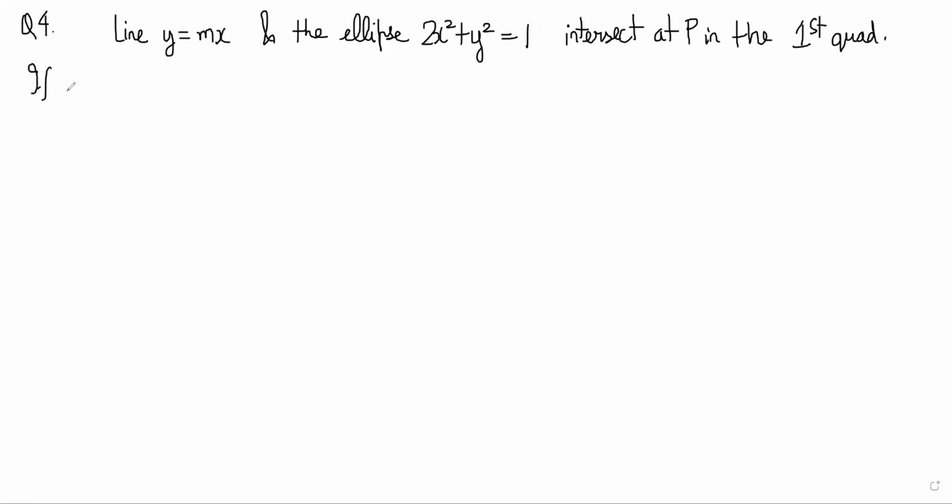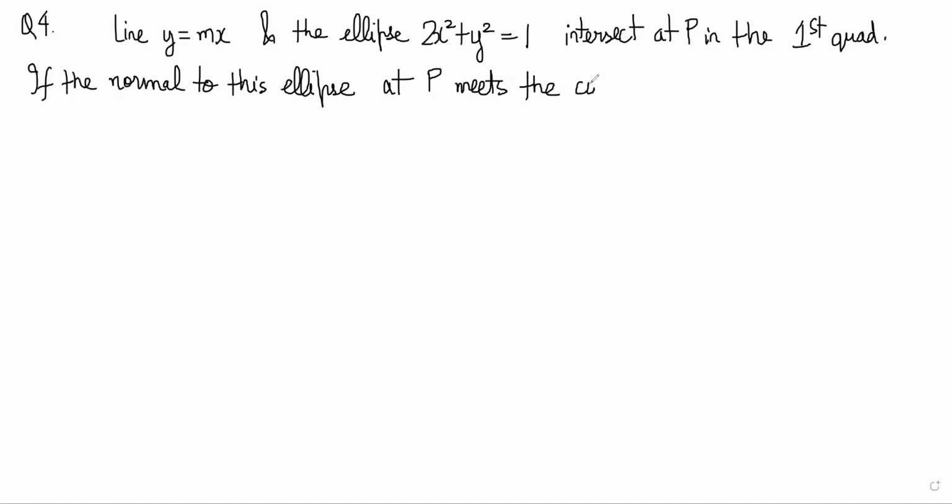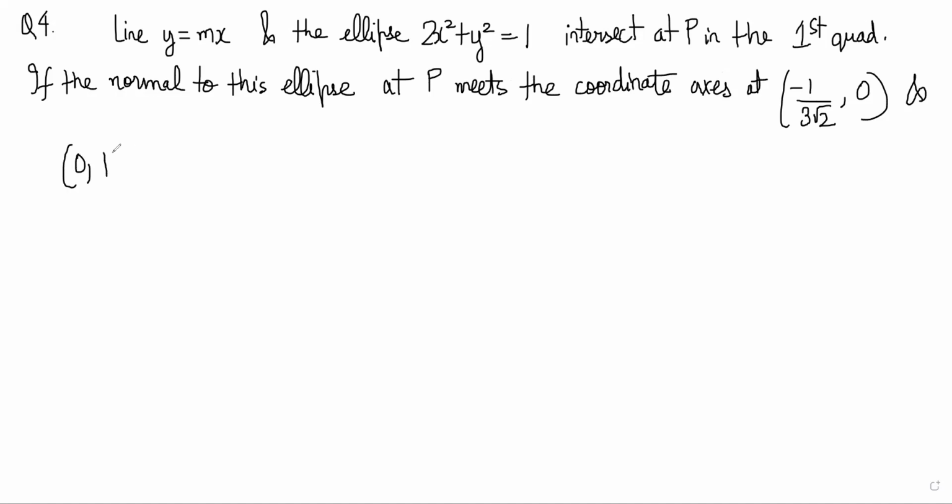If the normal to this ellipse at P meets the coordinate axes at -1 by 3 root 2 comma 0 and 0 comma beta, then beta is what?